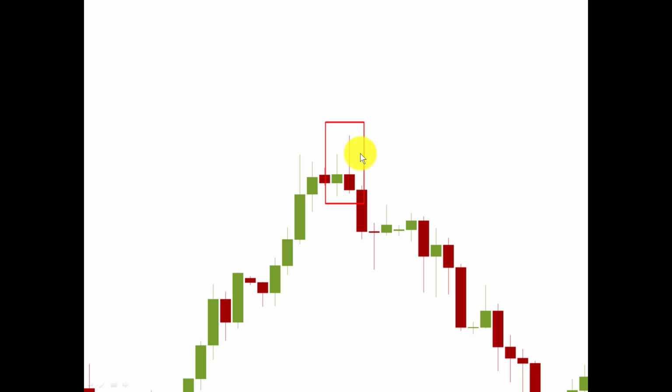I must say this is like a jackpot if you catch such a signal, because the upper shadows are very large. This particular one, which is a bearish engulfing, is also a bearish pin bar.